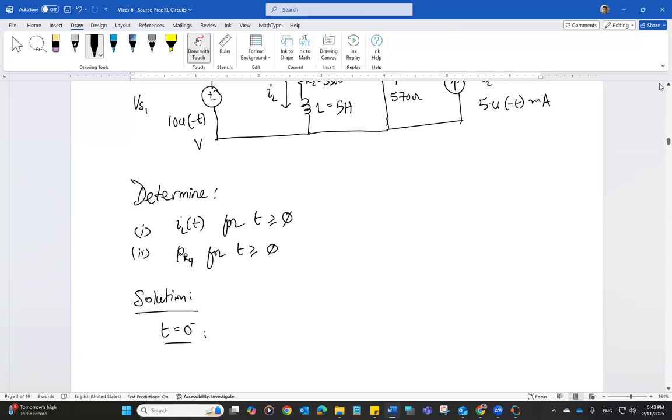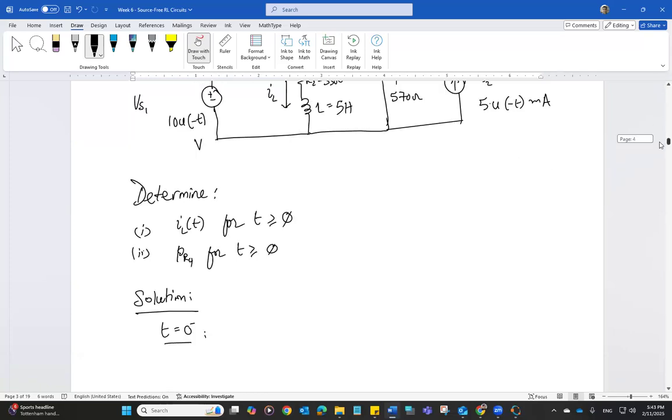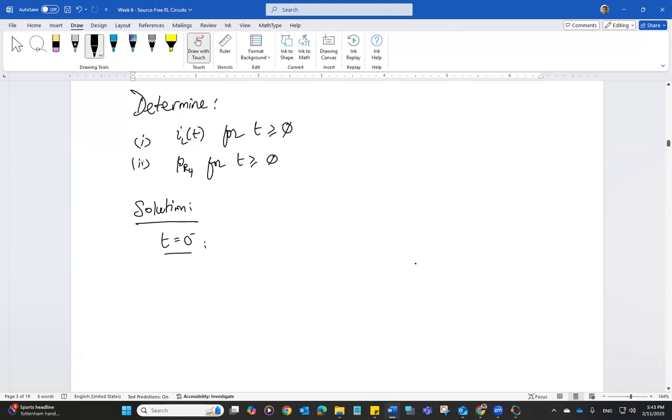The sources are active before t is equal to 0, must be running for a very long time, and the inductor will be acting as a short circuit. So you have to first calculate the initial value of the inductor current IL. We call it I naught usually. What is the easiest way to calculate that current for the circuit?